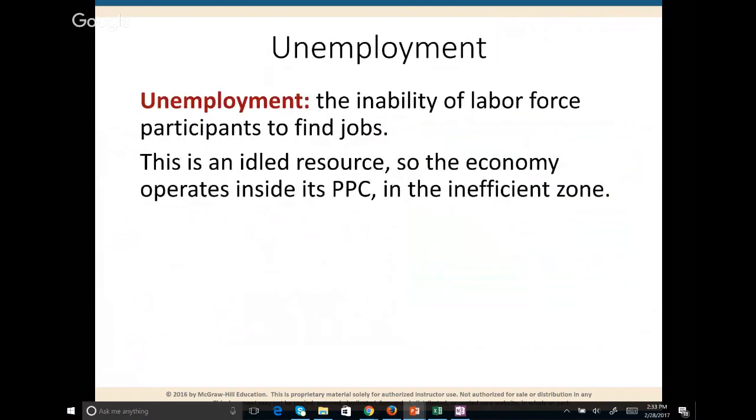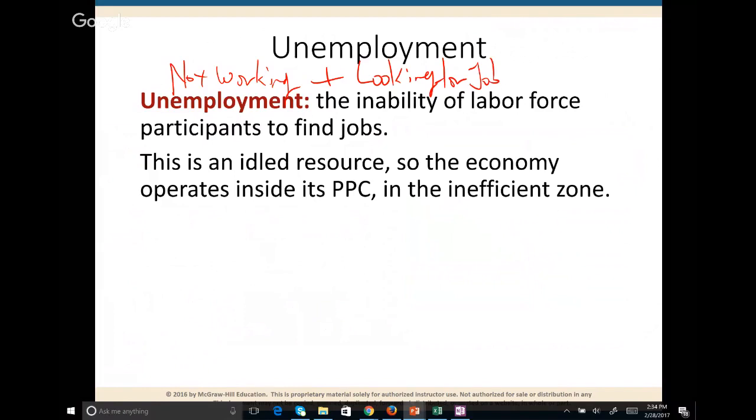Now unemployment. This is very critical here. To be called unemployed, not only do you have to be not working, the other very important component is that at the same time, you must be looking for a job.